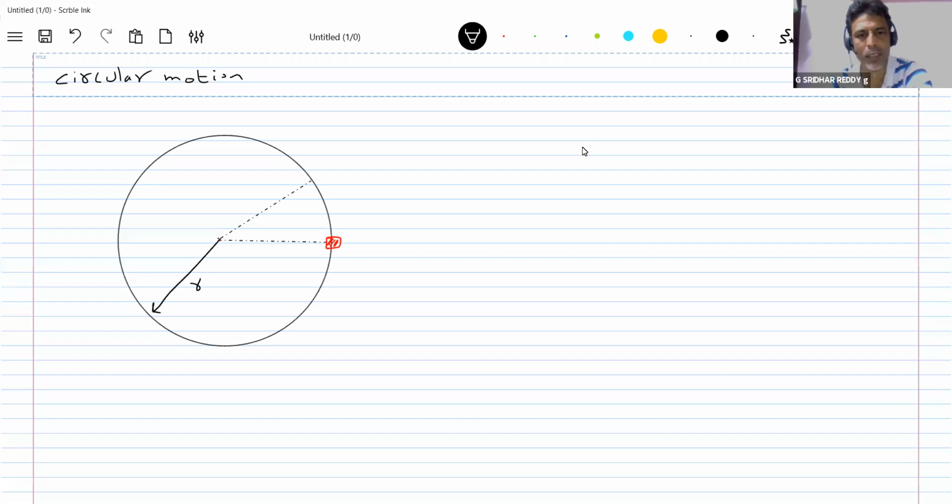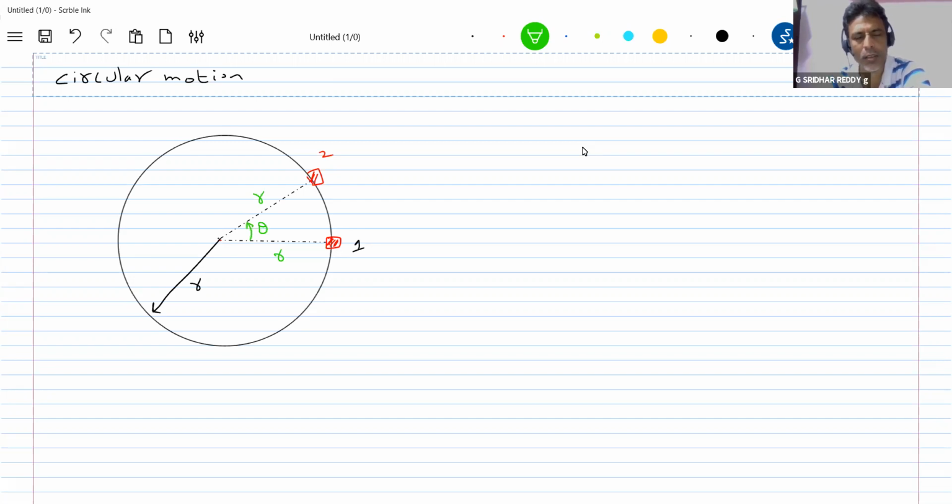So there's a position 1. The same particle will arrive here. This will be position 2. It will move slowly. Meanwhile, it has undergone angular displacement theta. The radius will be the same, r only. It has moved from position 1 to position 2.